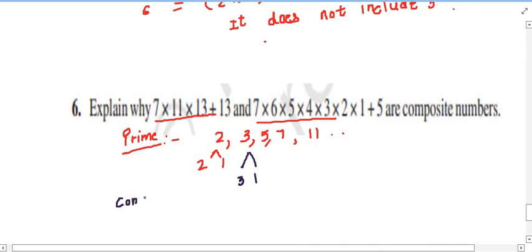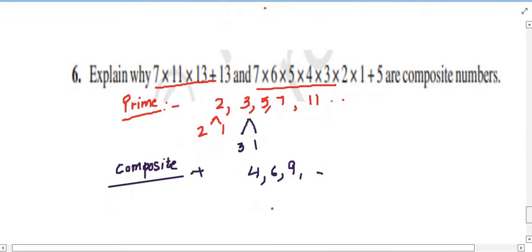And composite numbers are the numbers that have more than two factors. For example, 4, 6, 9 and so on.